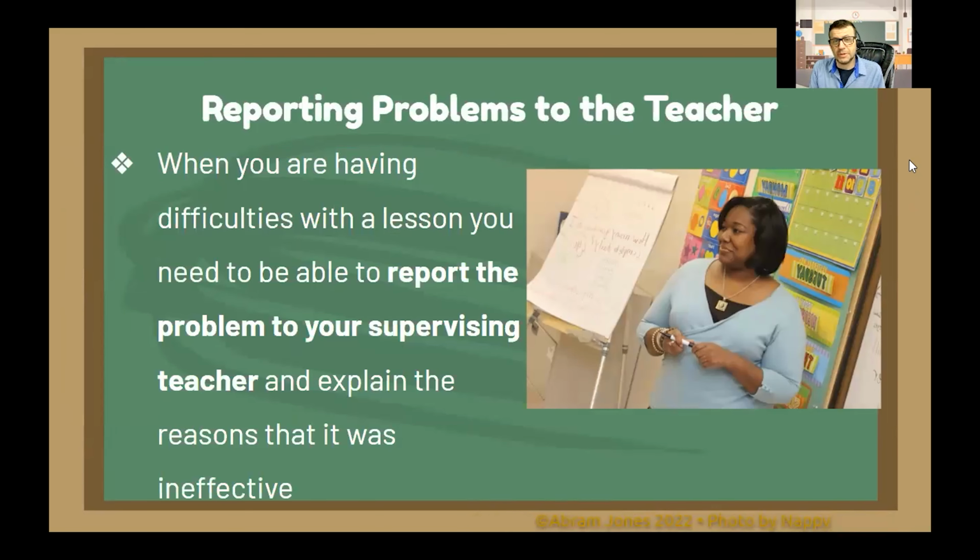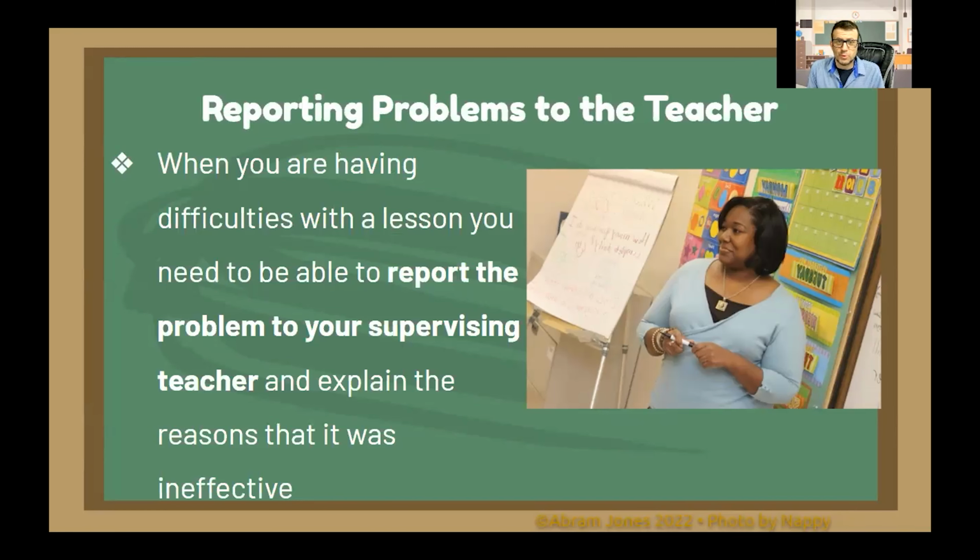All right, what happens when we have problems? The alternate plans are ways to solve problems. So they are by their nature connected with having problems. They're problematic. When you're having difficulties with the lesson, you need to be able to report the problem to your supervising teacher and to explain the reasons that it was ineffective.